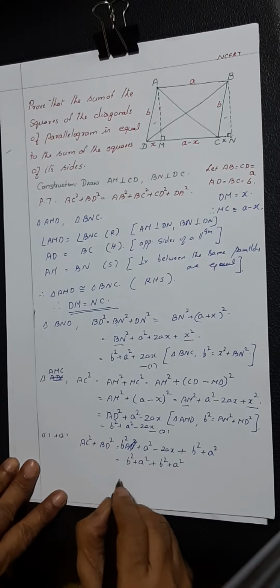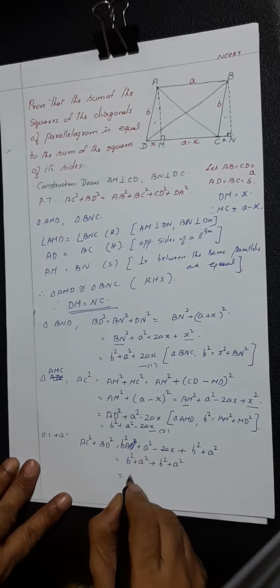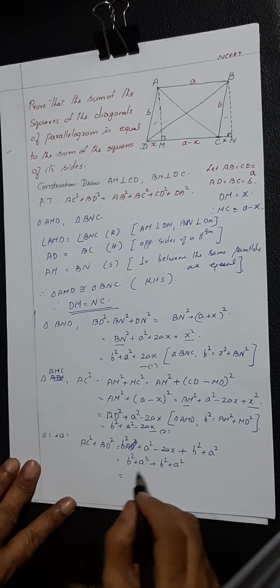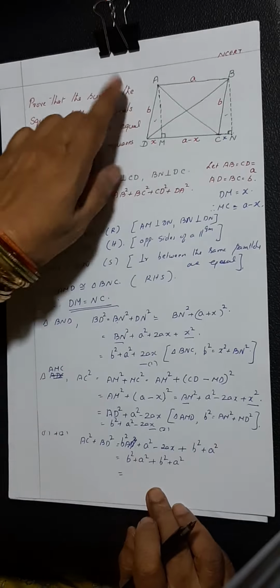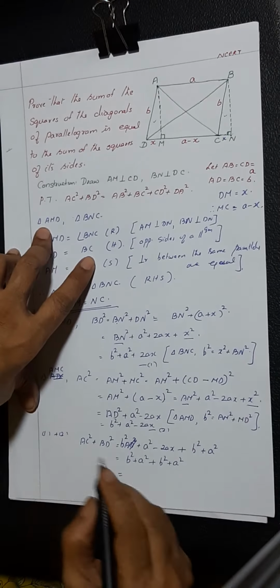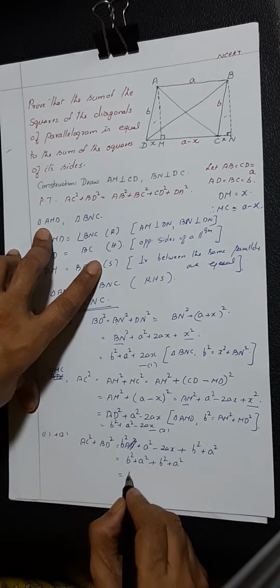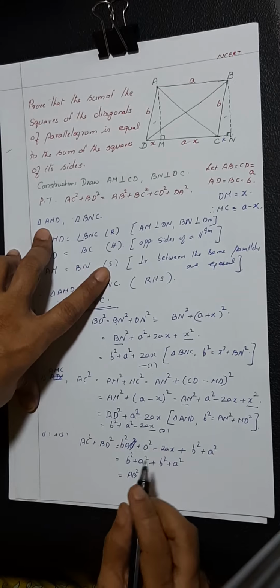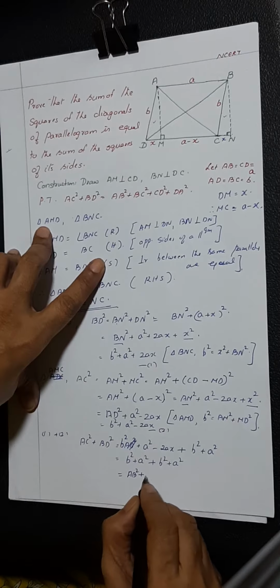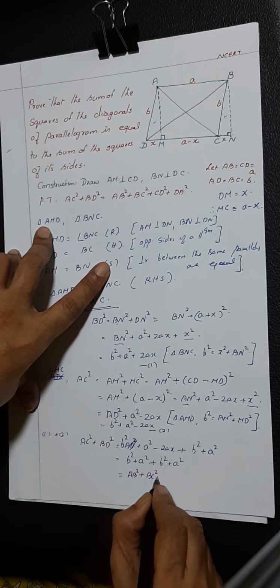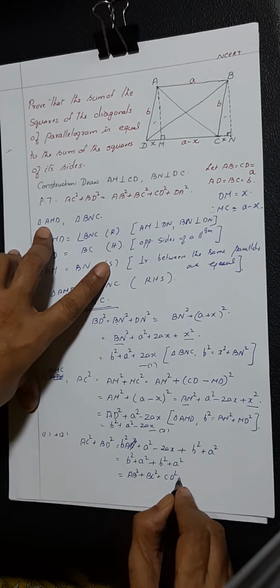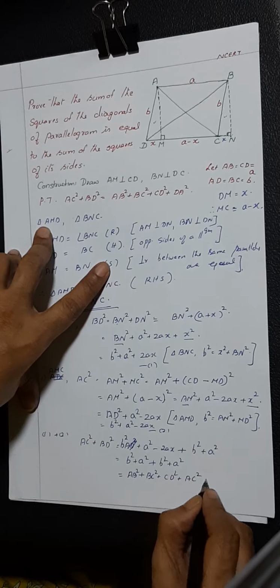We can rewrite this as one A squared and B squared for one pair of sides and the other for the other sides. So AB squared plus BC squared plus CD squared plus DA squared.